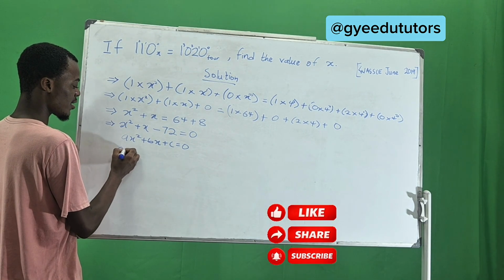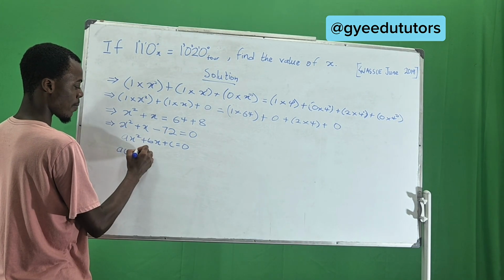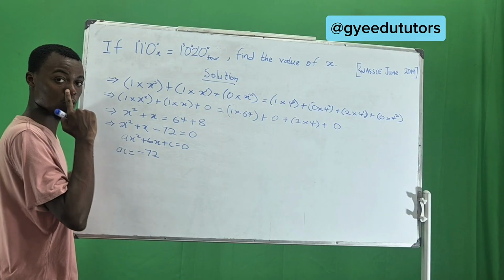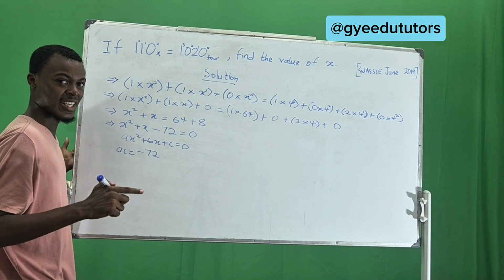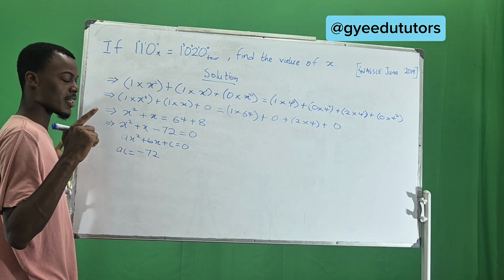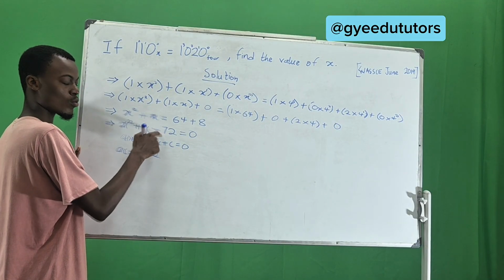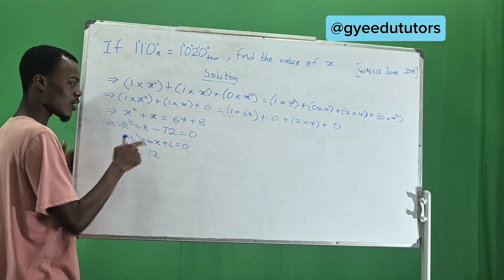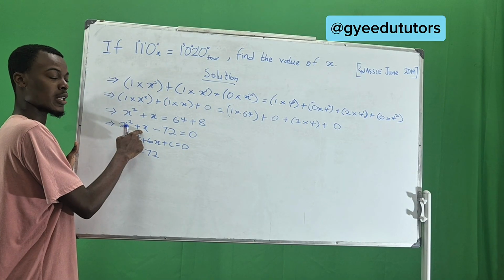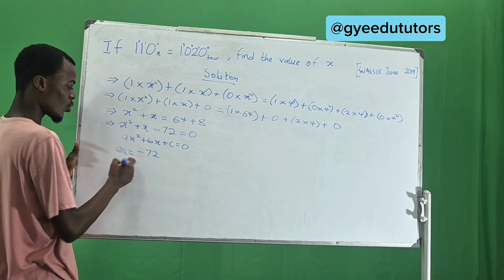So our ac is minus 72. The two numbers we pick are 9 and minus 8, because 9 times minus 8 gives you minus 72, and 9 plus minus 8 gives you b, which is 1.